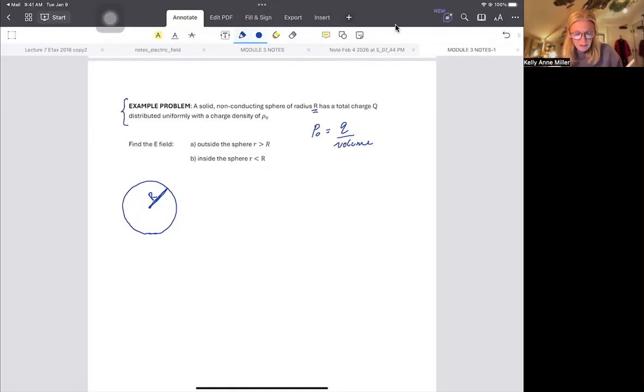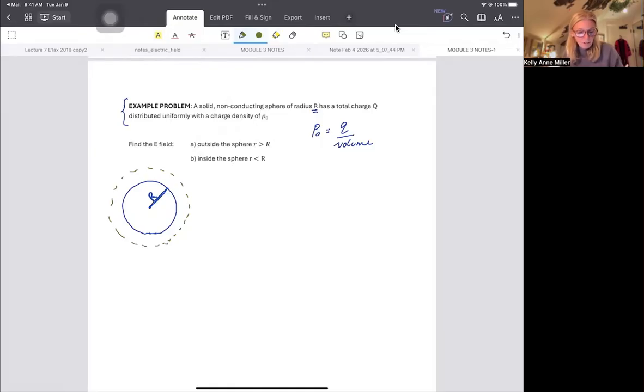I know in the last problem I switched capital R and lowercase r to mean different things, but you can define it however you want. In the problem it says radius r is the radius of the sphere. Okay, and we want to find the E field first outside the sphere. So we're going to draw our Gaussian surface outside the sphere.